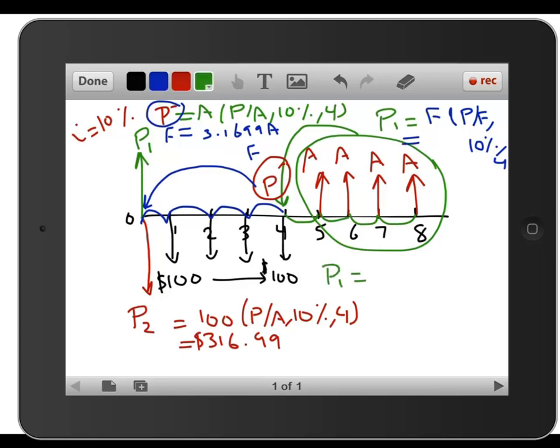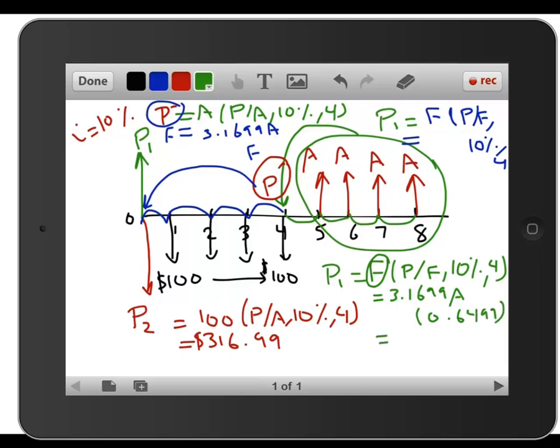So P1 will equal to F multiplied by P given F, 10% and 4, which will equal to, for the P prime, 3.1699A multiplied by the new factor, and the new factor with P given F with 4 periods is equal to 0.6499.